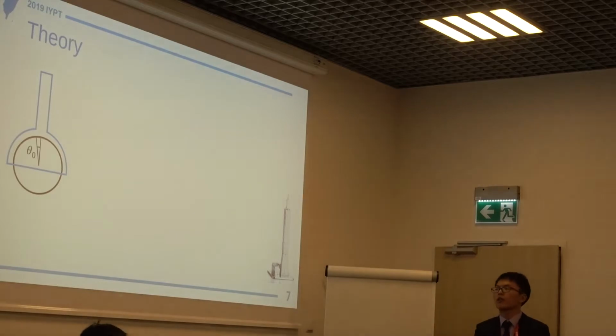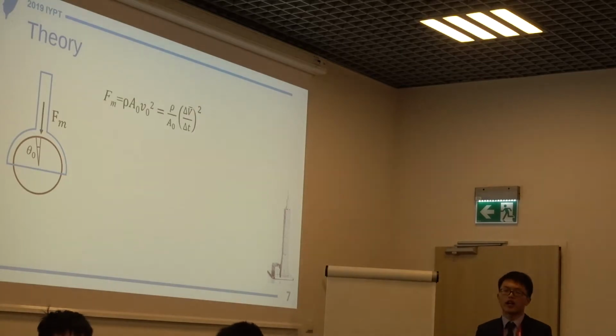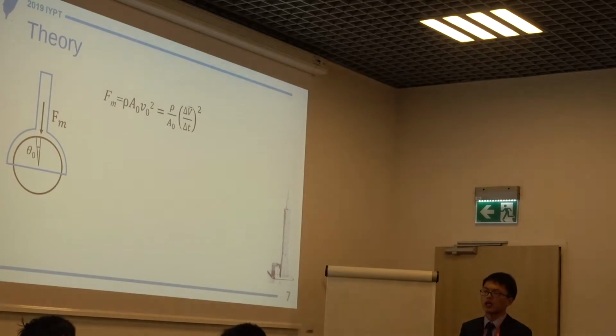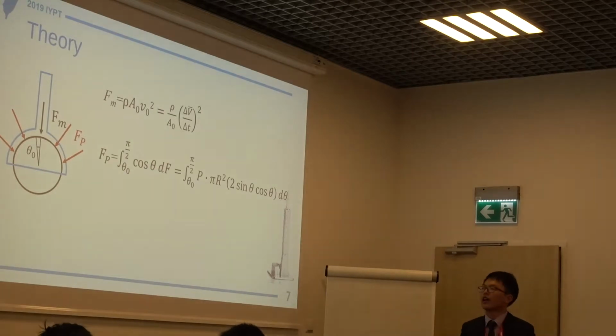So we'll be showing the forces acting on the light bulb. Firstly, the impact force equals ρ A v squared, and we transfer it into a formula with the flow rate. And that will be the force caused by the pressure inside the funnel.